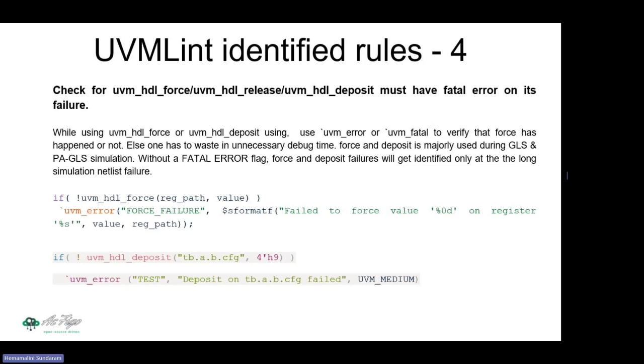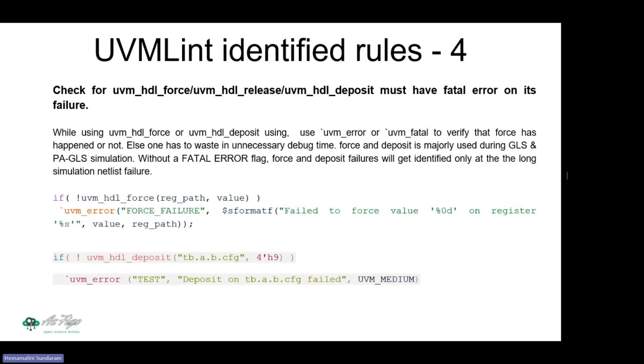So again, if you don't have this UVM fatal and UVM error with UVM HDL deposit and UVM HDL force, then what happens? It is also during GLS, right? This is available, but without a fatal error being flagged, force and deposit failures will get identified only at the long simulation netlist failure.